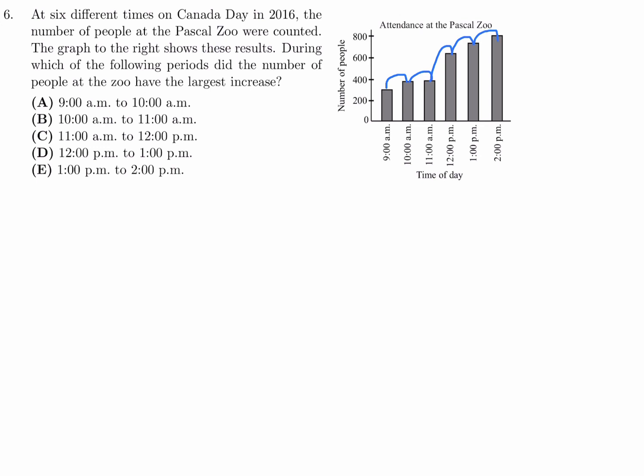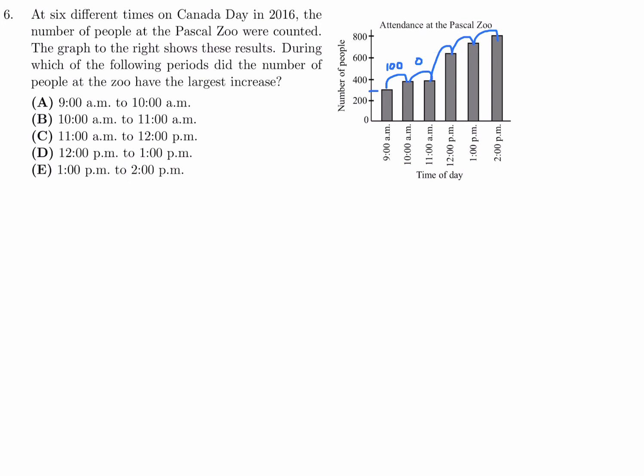Okay, here we go. So the first one looks like it goes from 300 to 400, so that's an increase of 100. Then we're going from 400 to 400, so an increase of 0. Then we're going from 400 to what I believe, that actually looks like a little bit more than 600. Let's just say 600.